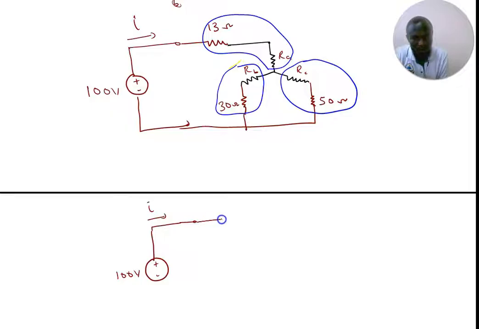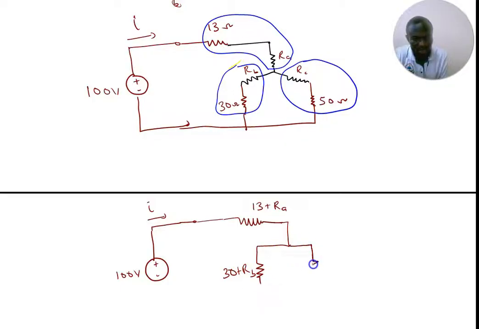Now I have a very big resistor at this end, which is going to be 13 plus RA. They are in series. Do you get it? So I also have another resistor here, which is going to be 30 plus RB, right?